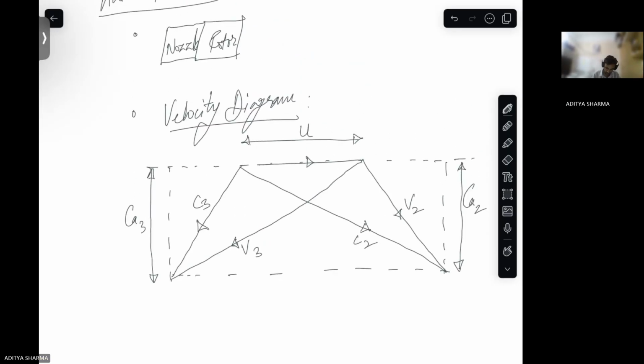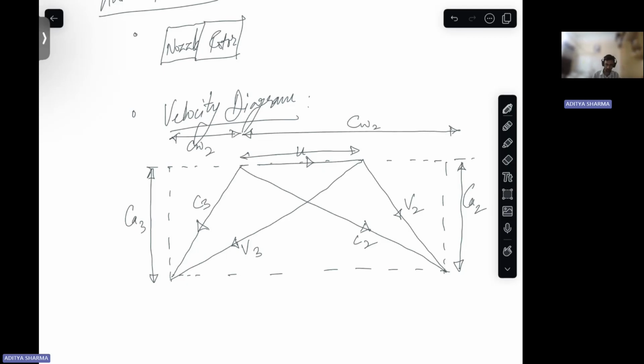If you see V2, its tangential component is this, and for C3, the tangential component is this. So the tangential component has reduced as the flow goes across the rotor. Then this is the velocity diagram.